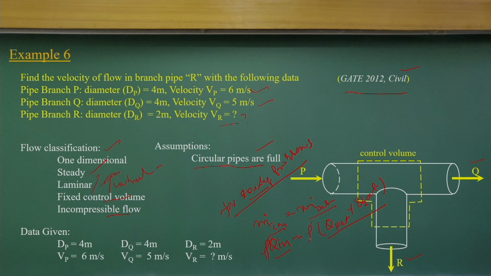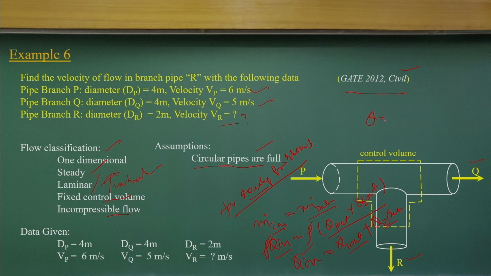Since the density is the same, Q in is equal to Q1 out plus Q2 out, the two outlets. So, the sum of the two volumetric discharges is equal to the inflow volumetric discharge. That is a very simple problem, only you have to compute, since the velocity is given.